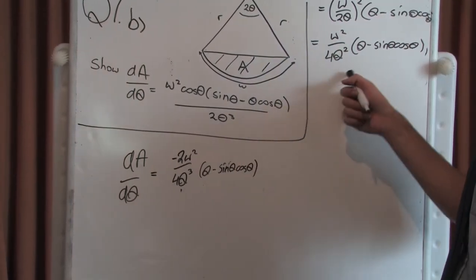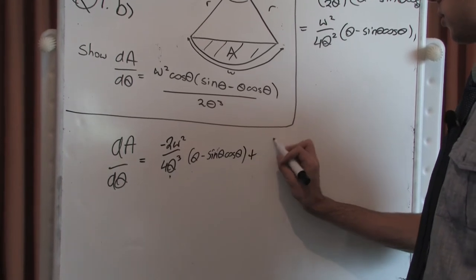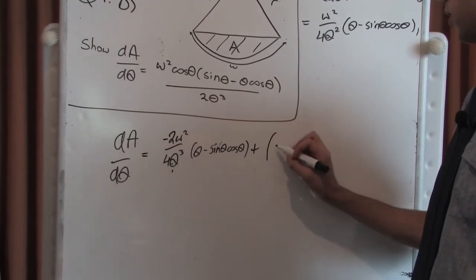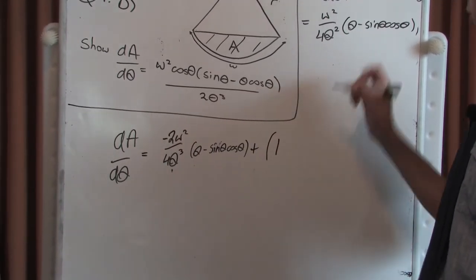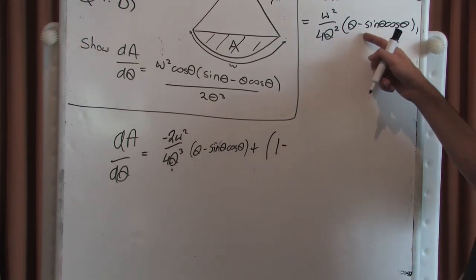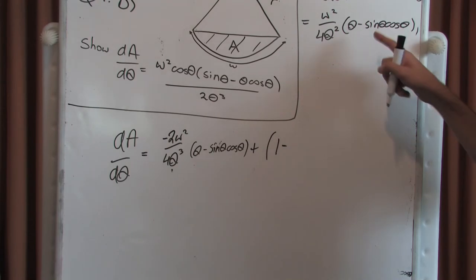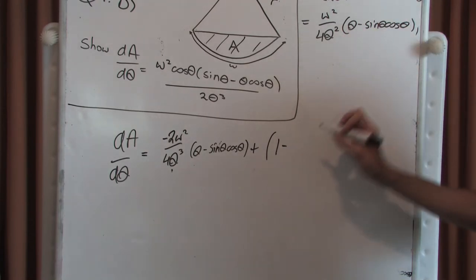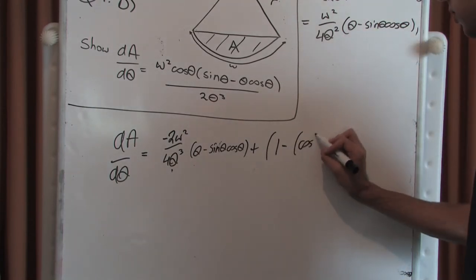Now plus the derivative of the second. The derivative of theta with respect to theta is 1, minus, now we've got another product rule here, but it's not too bad. The derivative of the first cos is minus sine, so cos times cos gives cos squared, so minus cos squared.